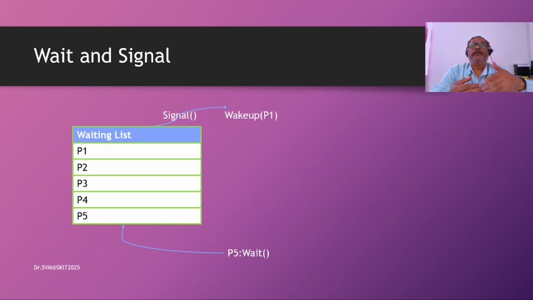So as per the scheduler's activity, P1 will come into the ready state. From the ready state it comes to the running state, and once it comes to running state, the shared resource is available, so it gets into the critical section, and once it gets into the critical section, then others are locked, stopped. When it leaves, then P2 gets its turn.